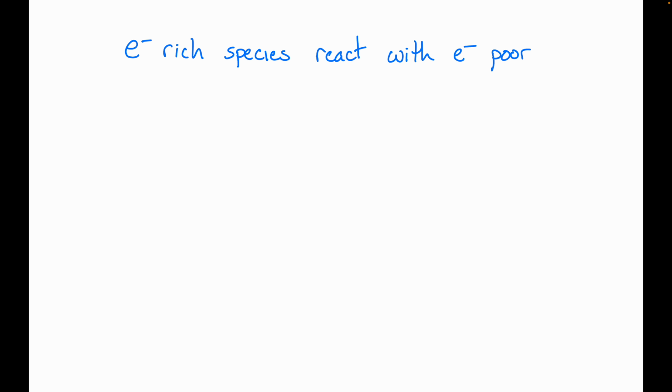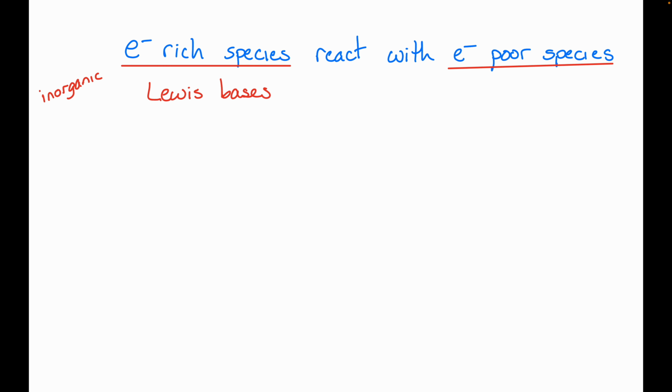In inorganic chemistry, they have a tendency to call these electron-rich species Lewis bases. We were introduced to this terminology before. I know everybody's favorite part of the course is vocab. And the electron-poor species would be the Lewis acids.